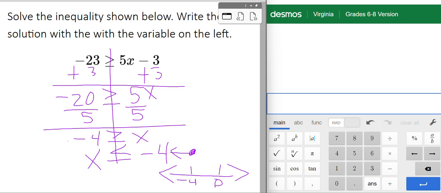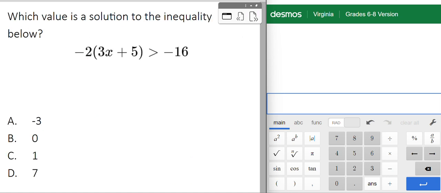Okay, so I'm going to go ahead and go to another one. This says which value is a solution to the inequality below. So I'm going to go ahead and draw my line, but I'm going to notice I have parentheses here. So the first thing I'm going to have to do is distribute.